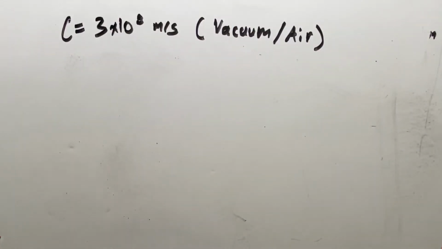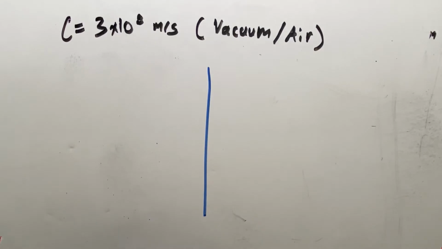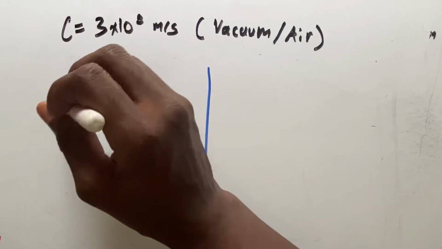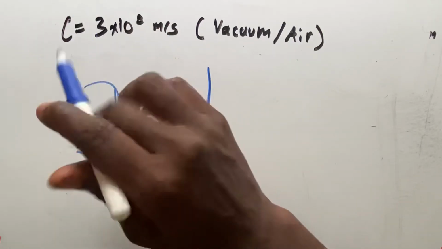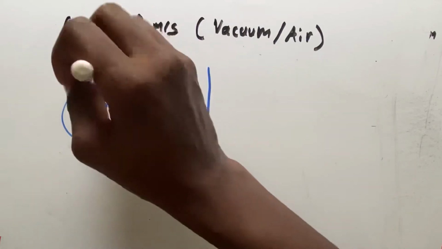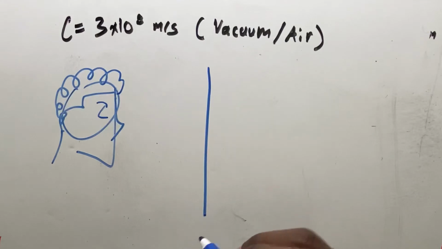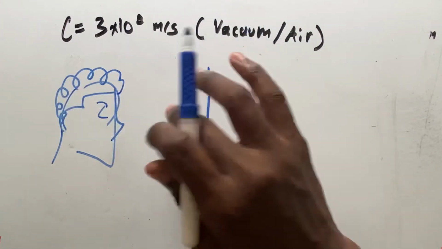So now, a little bit more about reflection. Here's our mirror, and I have a person here. This person is looking at themselves in this mirror.